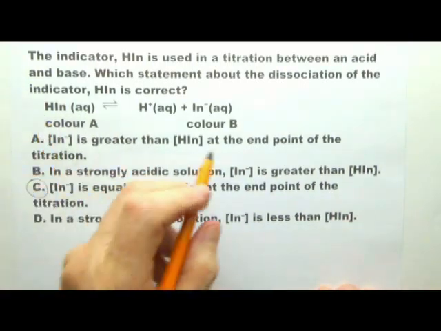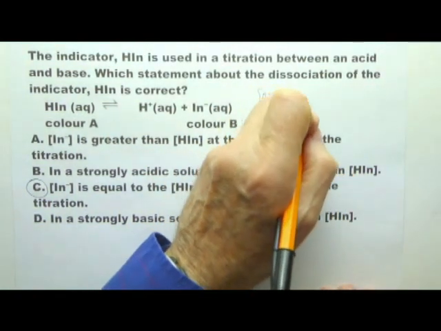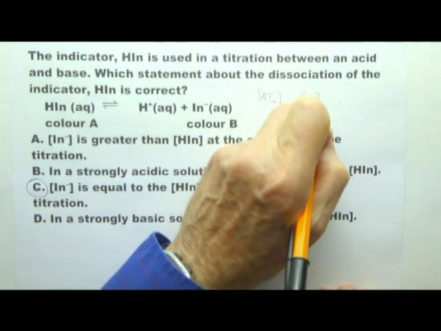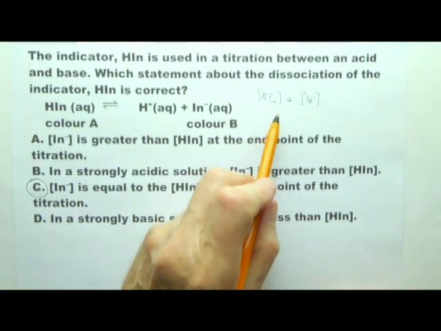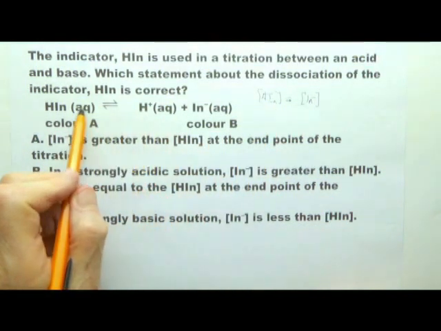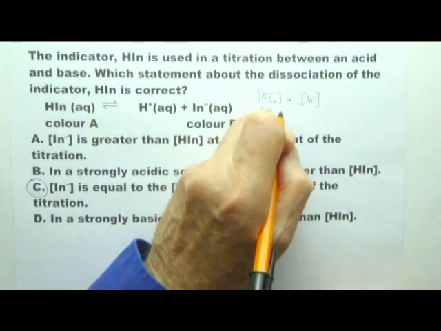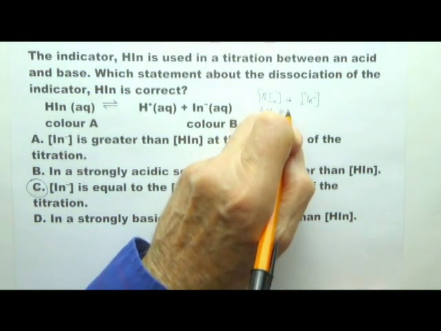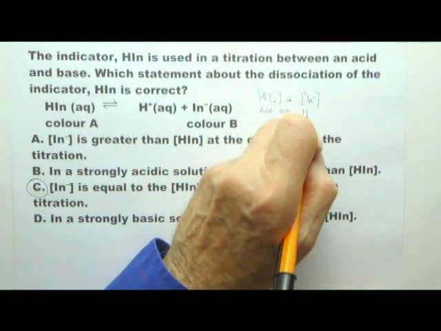Let me explain why that is the answer. If you take the concentration of HIn and make it equal to the concentration of In-, the anion, you can see that at that point the two colors are mixed, color A and color B. As soon as you add acid, you add more H+, it will move in that direction to color A, and this color will start to predominate.